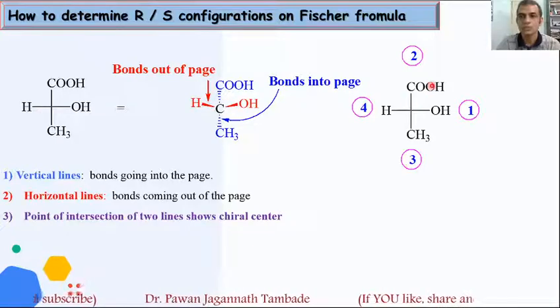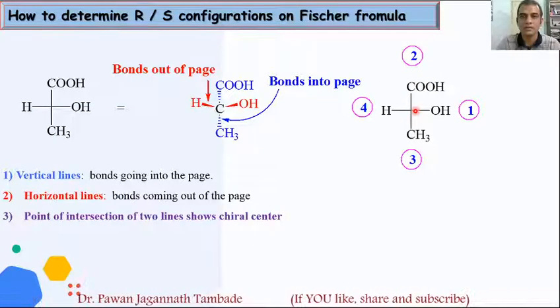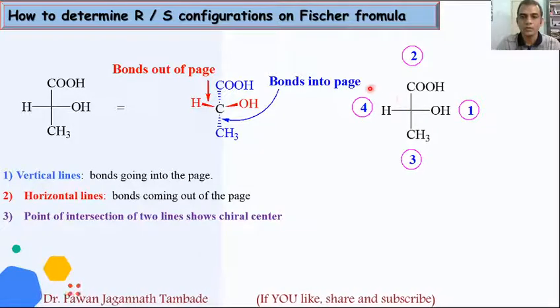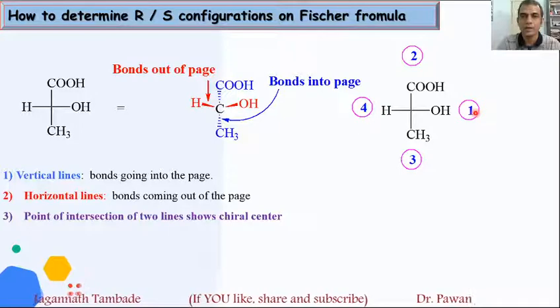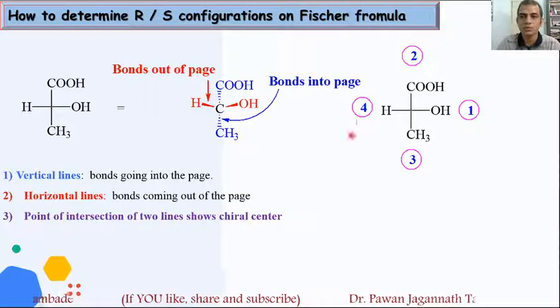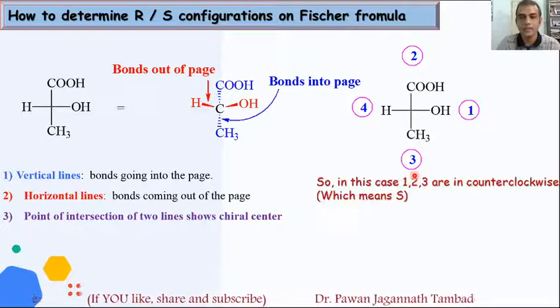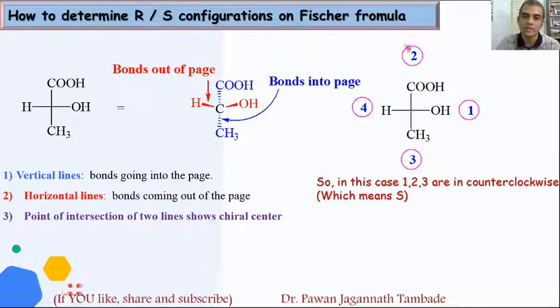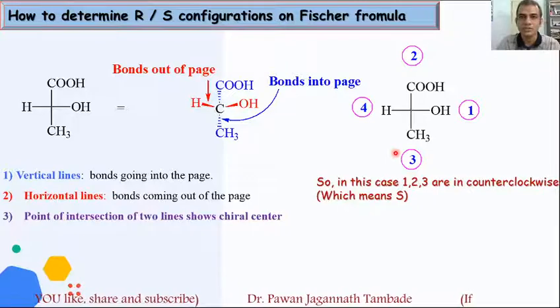So these are the priorities of these atoms or groups attached to this chiral center. Now if you ignore this fourth priority atom, that is hydrogen, and look at 1, 2, 3, then you can read this 1, 2, 3 in an anti-clockwise manner, which means that it has S configuration.